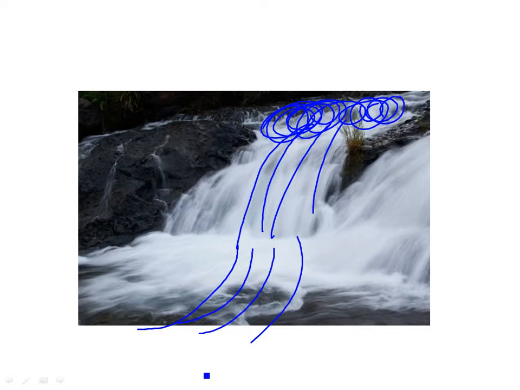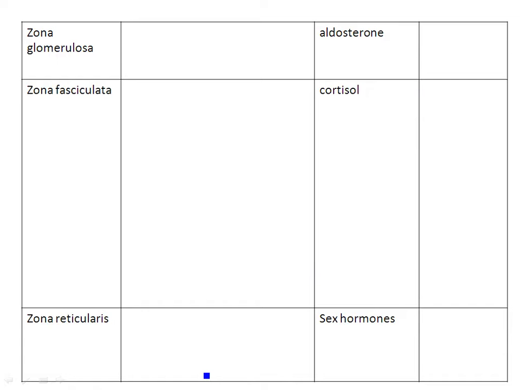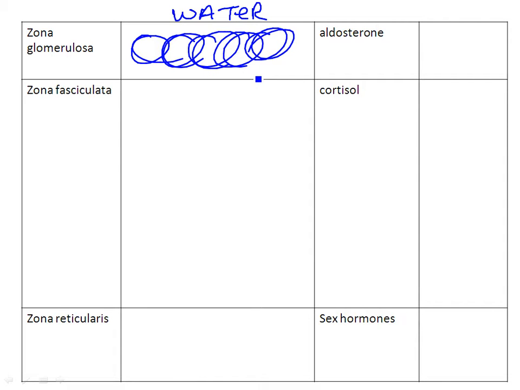All right, so let's take that water analogy and go back to those different layers. Remember using the water as our clue to remember things. Glomerulosa, we're going to have balls of water, we're in the rapids. Fasciculata, we have columns, so we're going to make that a waterfall.